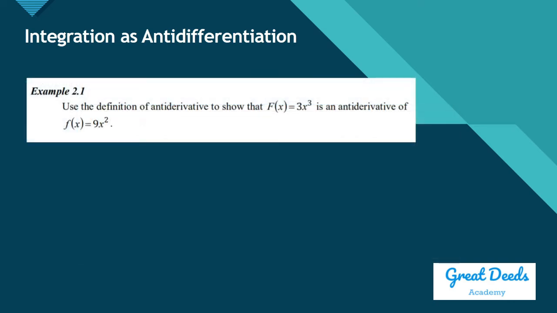Example 2.1. Use the definition of antiderivative to show that the function capital F of x equals 3x cubed is the antiderivative of small f of x equals 9x squared. How do we do that?